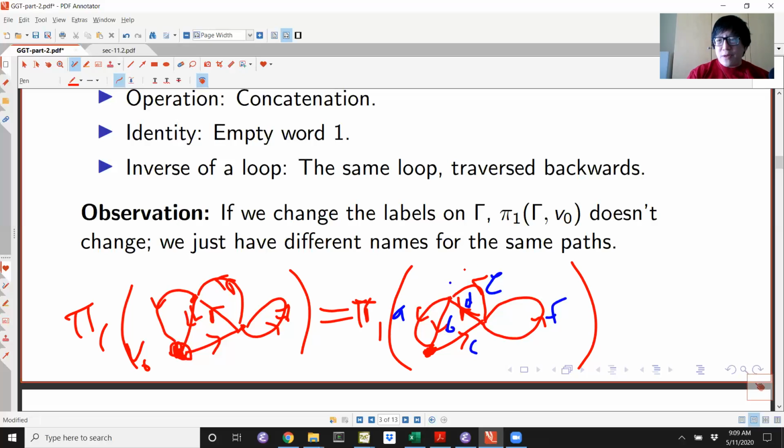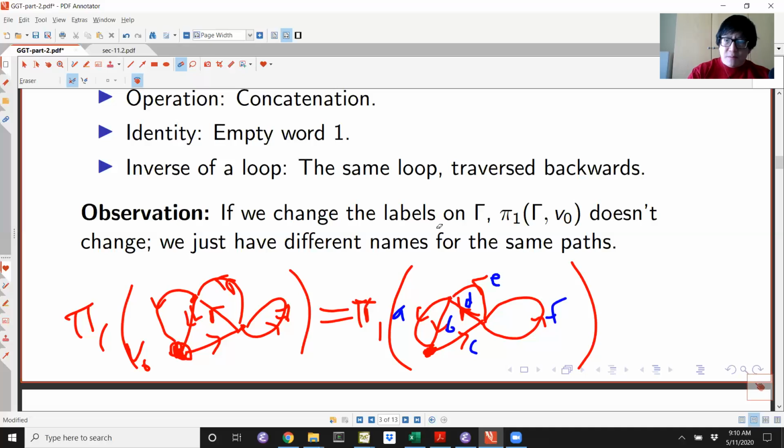Just to make things a little less complicated in the proof that I'm about to do, I'm going to use the simplifying idea that if I label every edge with a different letter, then nothing has changed.